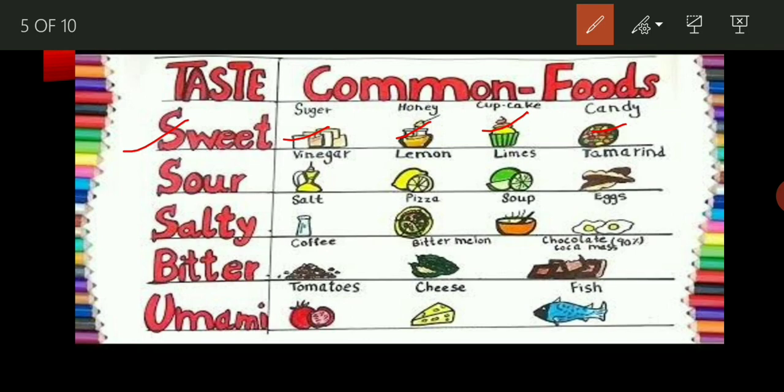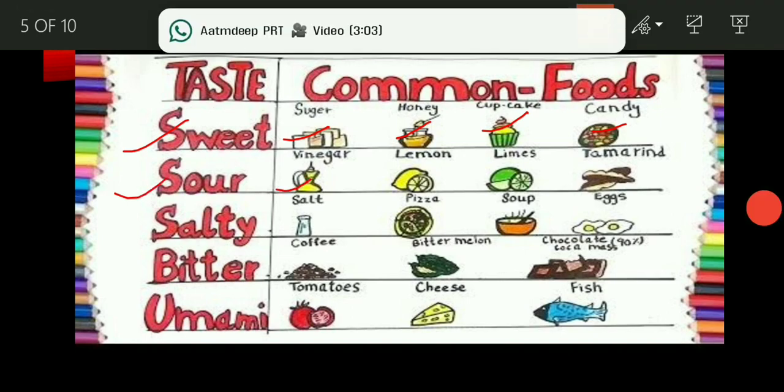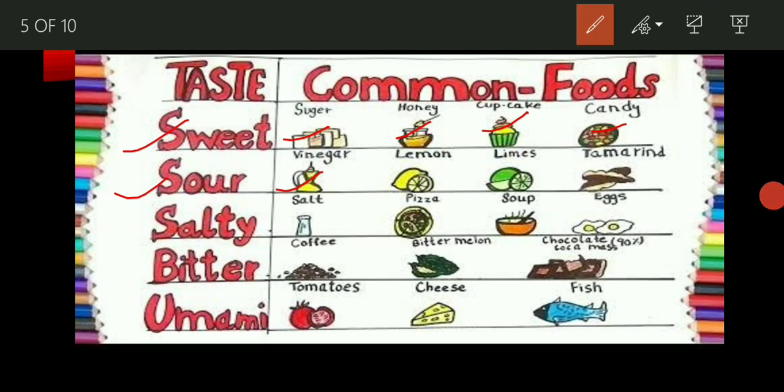We often like them, and you students, you're just fond of these kinds of sweet food items. The another taste is sour. As you know, vinegar, lemon, limes and tamarind, which you used to call imli. Okay, these all food items have a sour taste.